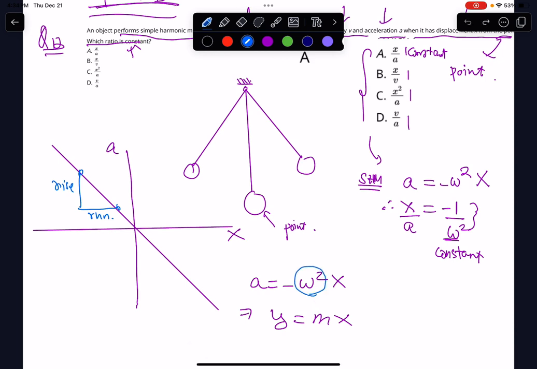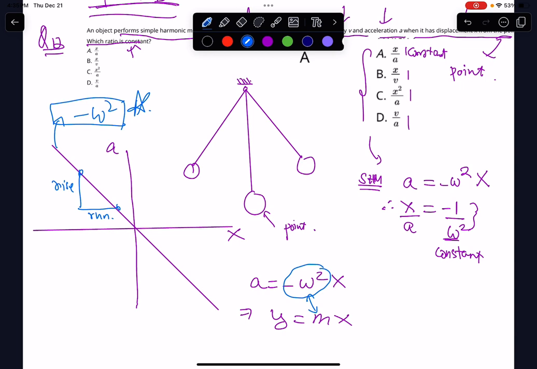Sorry, actually it's negative omega squared. So the gradient of this acceleration-displacement graph is negative omega squared. That's what the gradient comes out to be, and you could perhaps get some question on that.